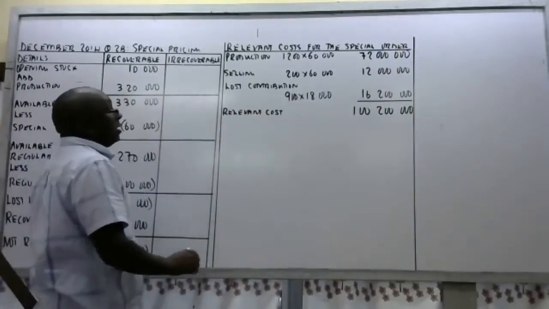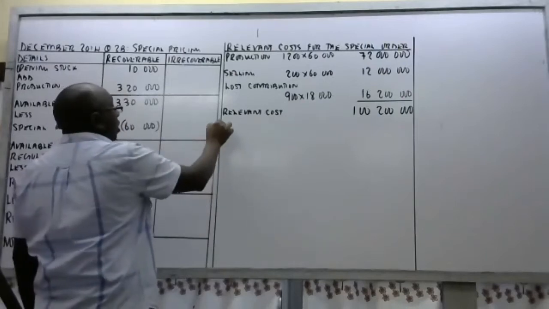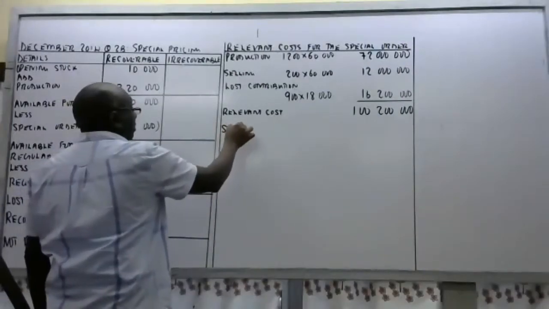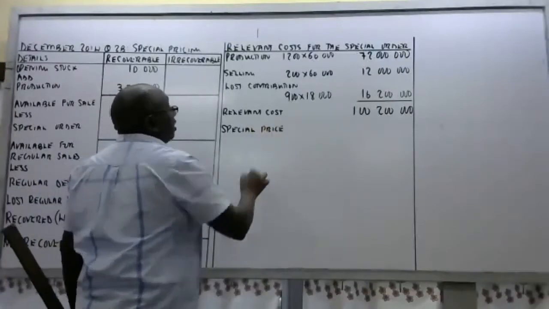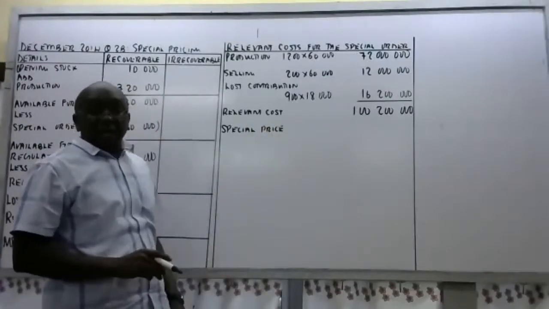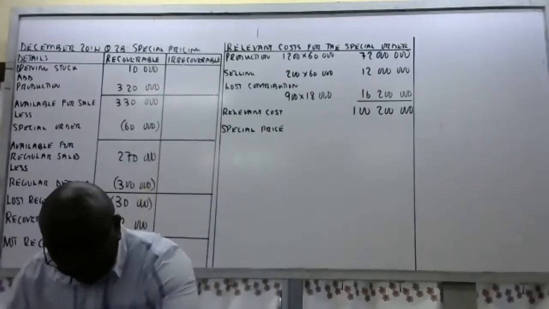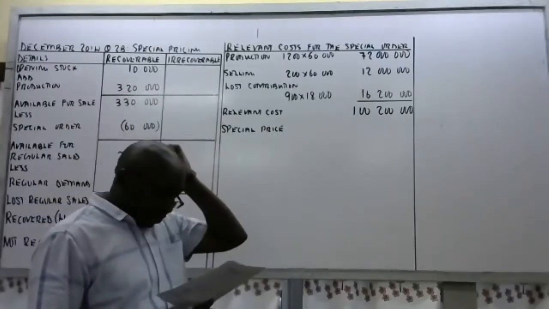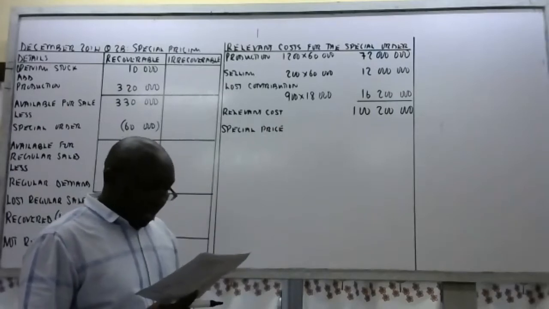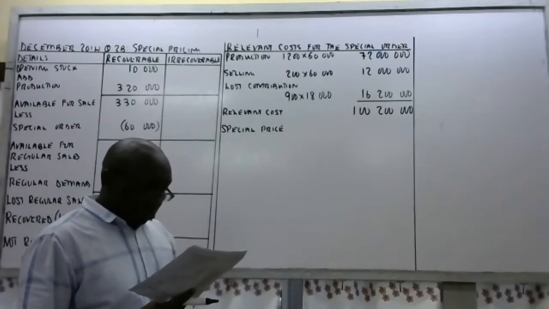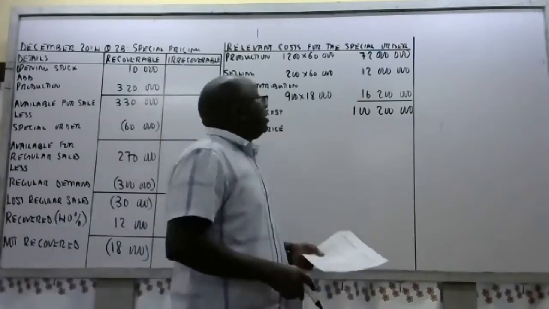Then from there, let's bring what we call the special price, or the special revenue. According to information 4, each of these is going to be sold at a price of 1,700.